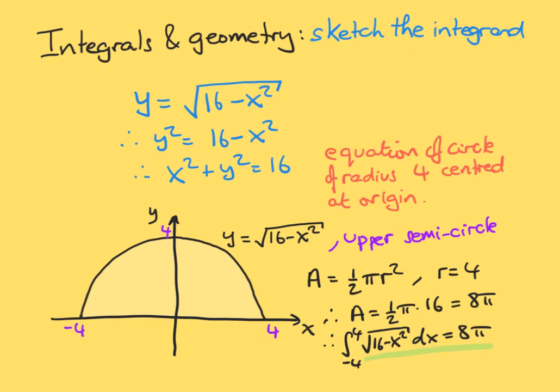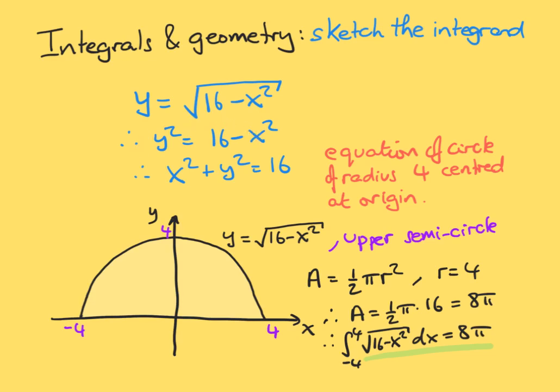So if you decided to have a go at the last exercise, the key idea relating integrals and geometry is that you sketch the integrand. The integrand here is the square root of 16 minus x squared, and that means that y squared is 16 minus x squared if you square both sides.